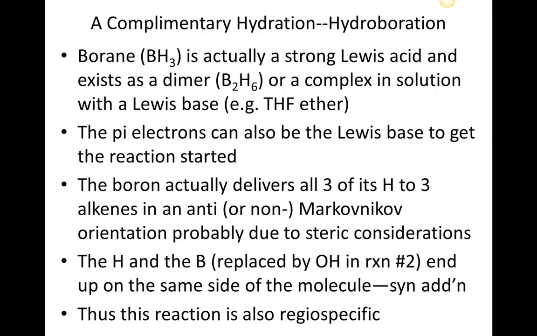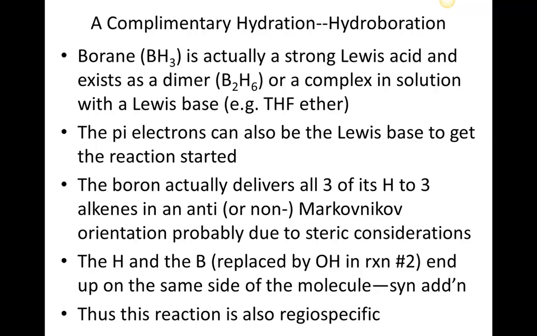So the boron in borane is a strong Lewis acid because it has an empty orbital, and it's sp2 hybridized, and so it can accept a pair of electrons. Actually, it's not able to exist as plain borane by itself. It makes a dimer, which is kind of interesting, or it forms a complex in solutions of ethers.